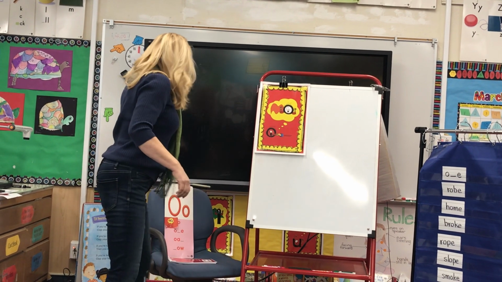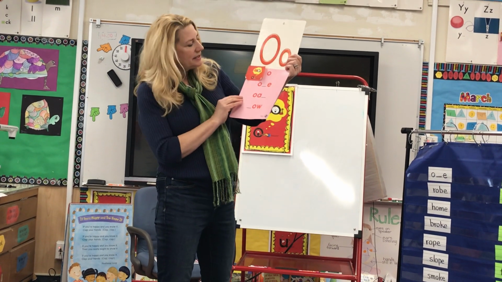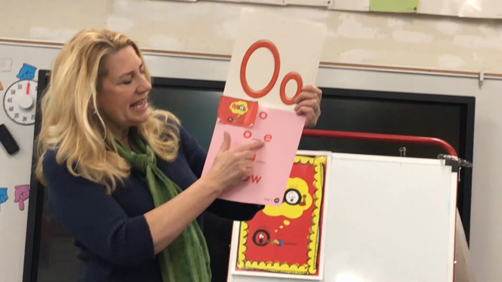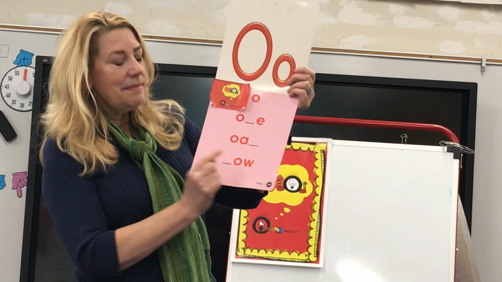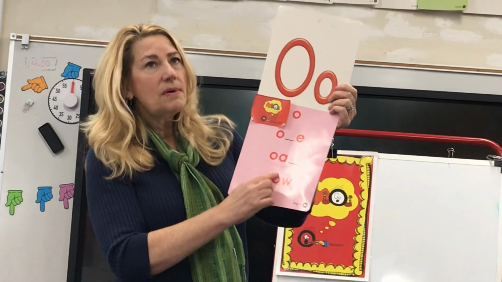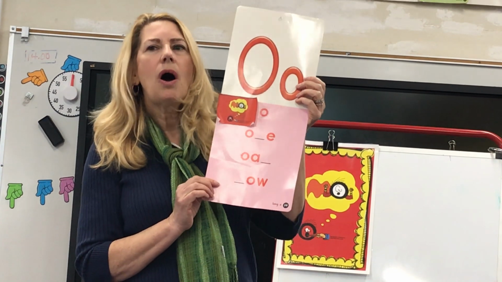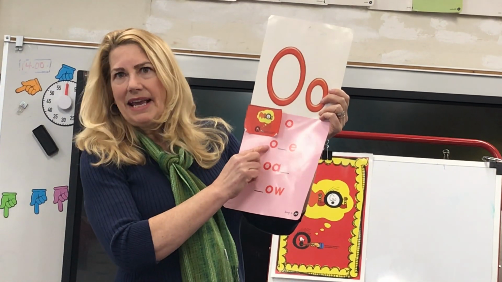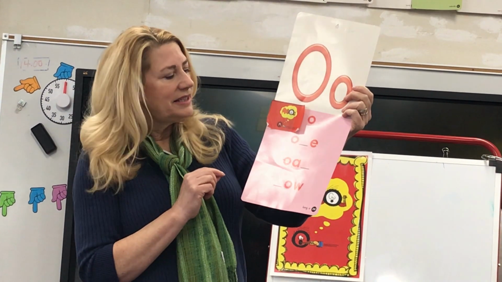Now, we know that O has a number of spellings, four to be exact: O, O blank E, O-A, and O-W. Those are the four different spellings that cause the sound O. We learned the magic E, O blank E, a couple of weeks ago.